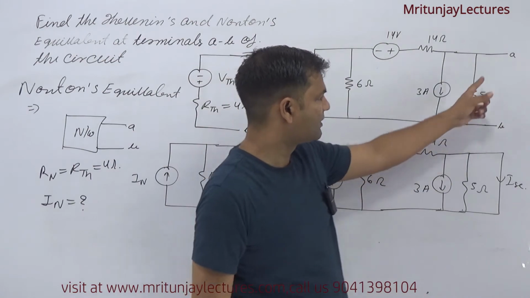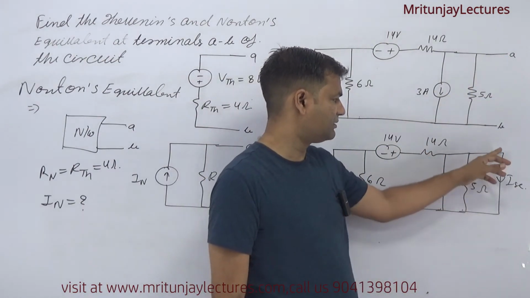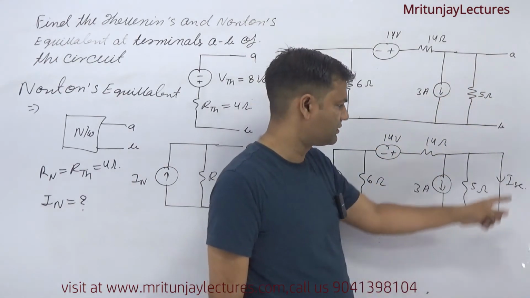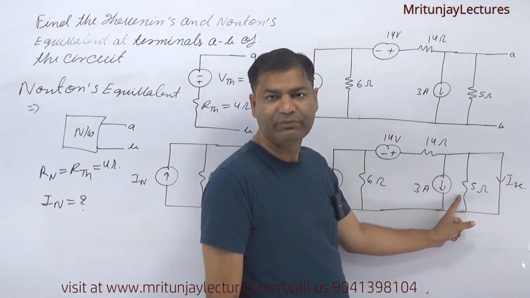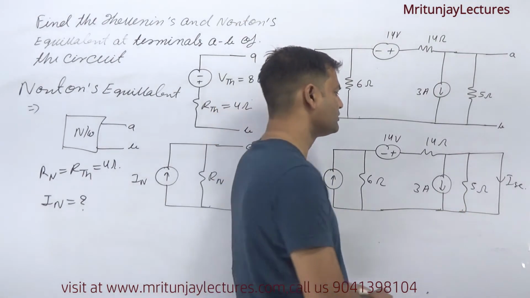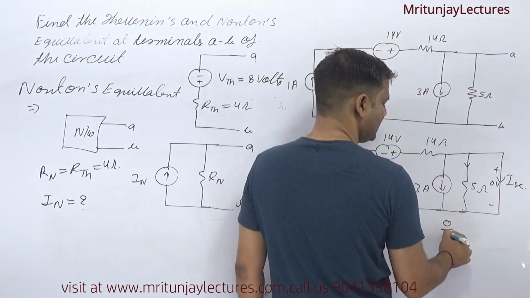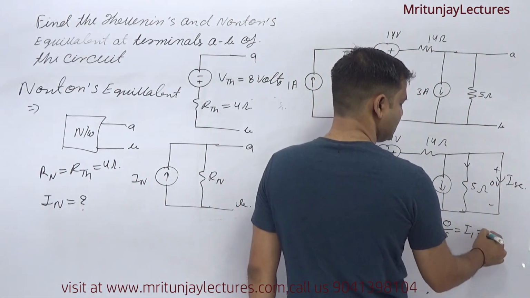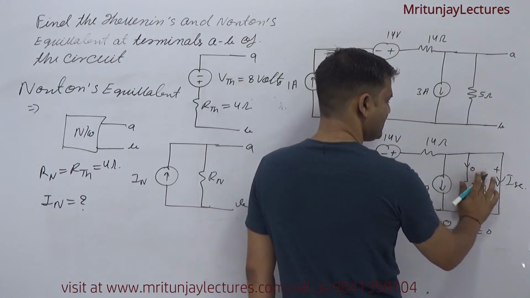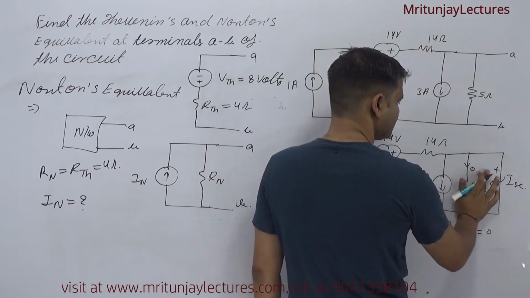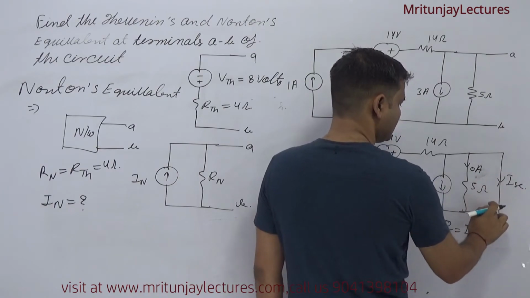So how can we determine ISC? According to the Norton theorem, to determine IN, AB is short circuited. If this is short circuited, no current flows through the 5 ohm resistance. Why? Because no voltage is available here, 0 voltage, so 0 divided by 5, the current is 0. No current flows in the 5 ohm, clear or not?